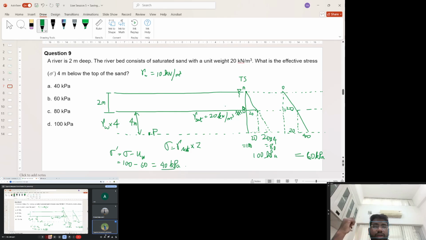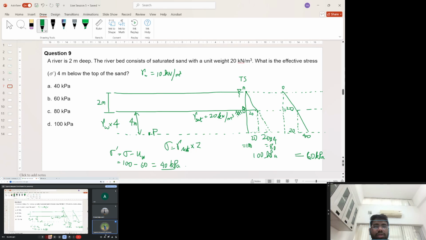Here, one more easy way of understanding it: the pressure you are calculating with gamma sat includes the water's unit weight.